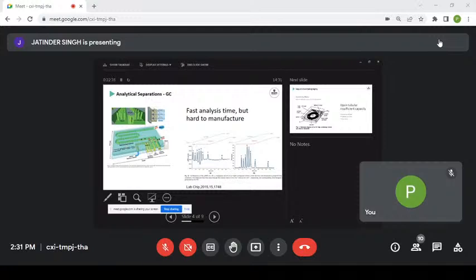The green reflects that they have put a coating on there that can act as a stationary phase. The surface has been treated with a group that is designed to interact with the analytes.